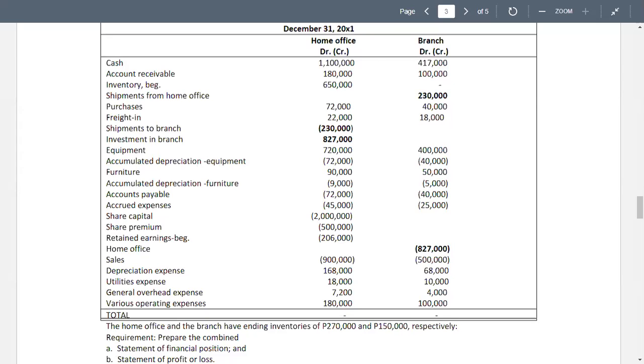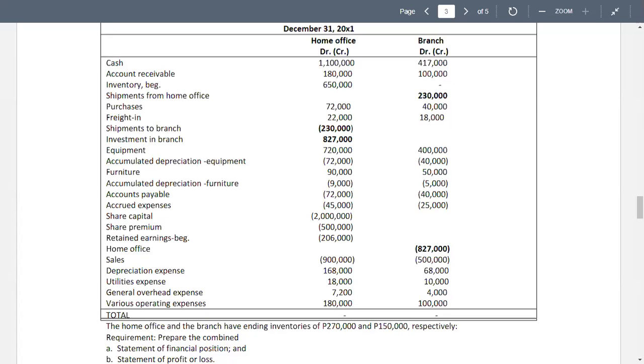Okay? So, depreciation, 236,000. Next, utilities in the amount of 28,000.